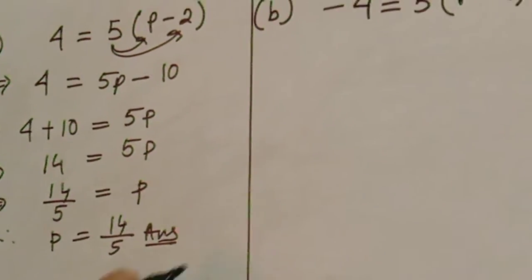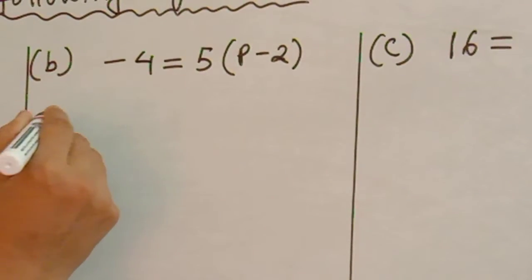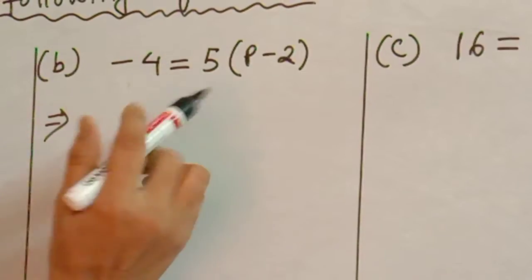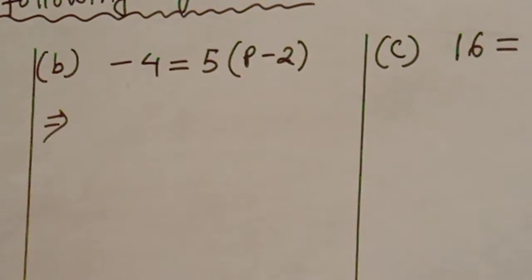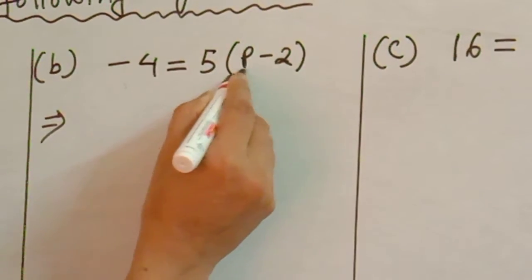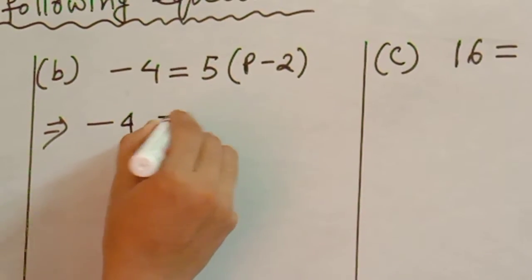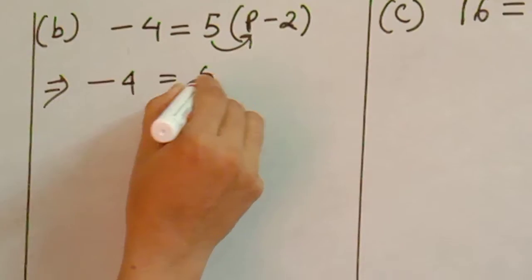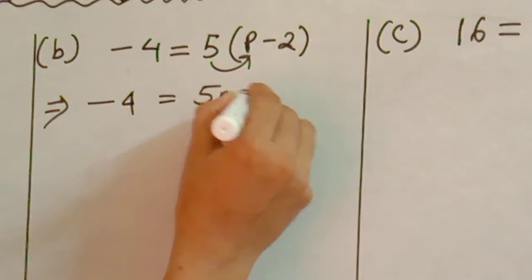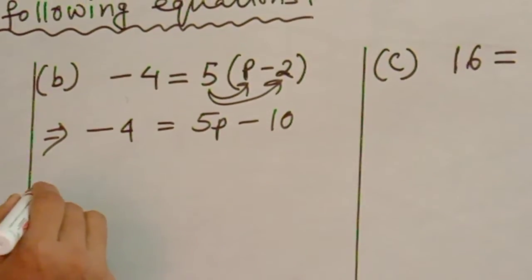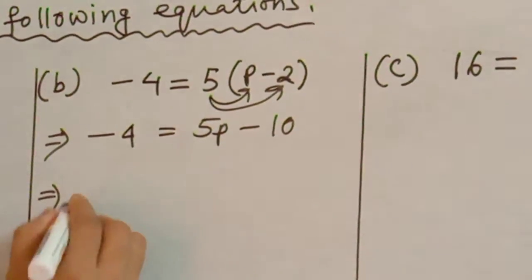Next sum is minus 4 is equal to 5 into p minus 2. Do this in the same way. Minus 4 is equal to multiply 5 into p, 5p, minus 5 into 2, 10. Transposing, minus 10 will come in this side.